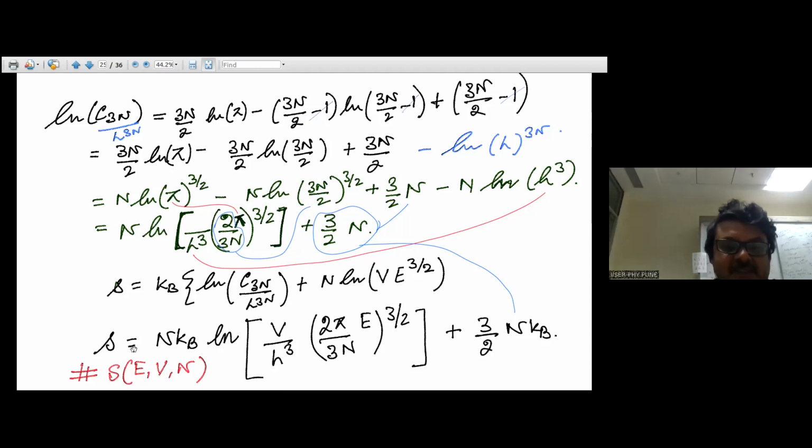So it can be easily written S equal to n kB, right? I have combined these terms. So e comes with the exponent 3 by 2. These constants also come with the exponent 3 by 2. And this is V by h cube. And this goes here.